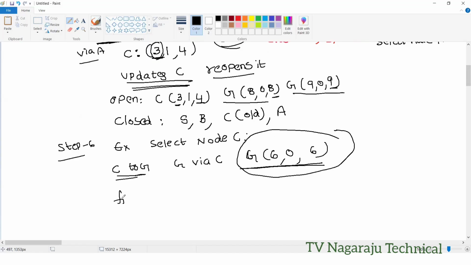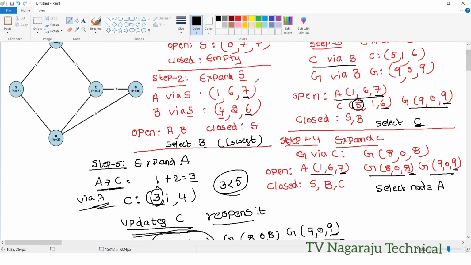Now what is the final path? If you understand carefully, the final path is C to G. We are getting G via C. But here C is from where? Via A. Now, A is available from S. Okay?